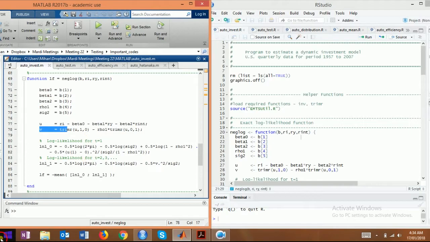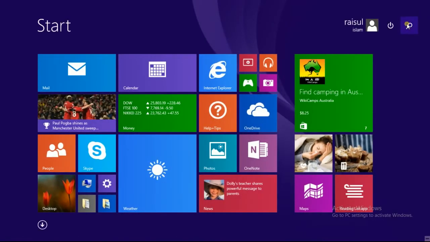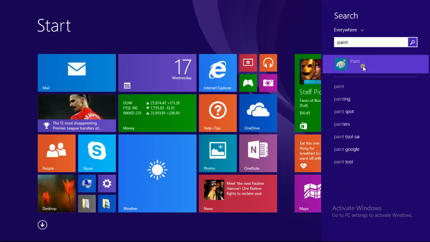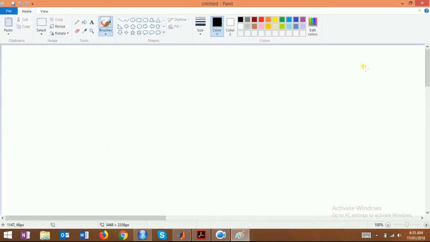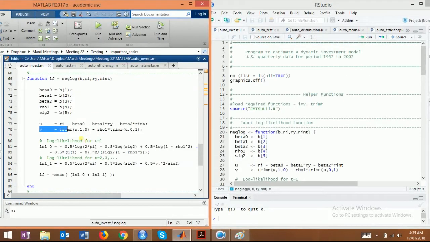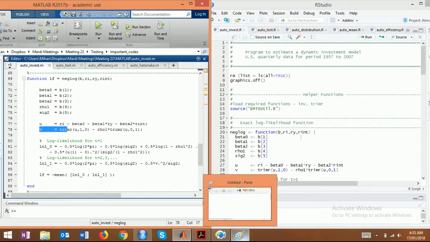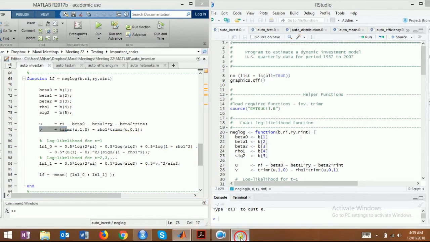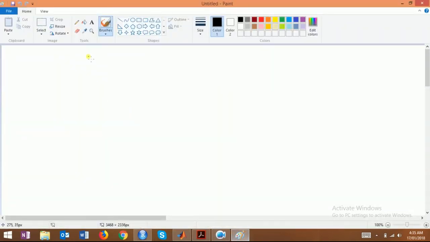There is something I want to explain here. Whenever we are using the time series property like ut minus 1, then ut minus 2, something like that, trimmer u1 0 means we will trim the first row and nothing from the last rows, and in t minus 1 we will not remove anything from the first row, but from the last row we will remove something.